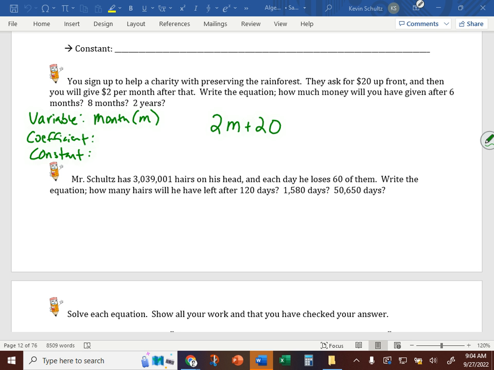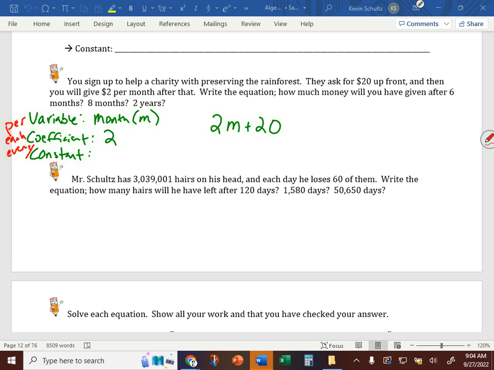What's the coefficient? 2. And this one, it doesn't really tell us what we wrote above for how many of the variable that we have. It's a slightly different role here. Whenever you see the word per, each, or every, we're going to be talking about the coefficient.